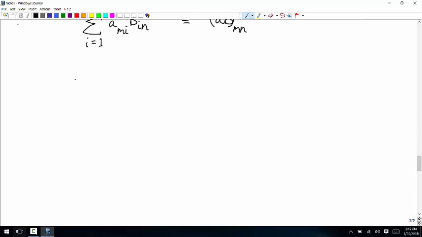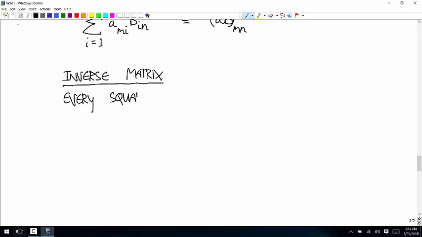So the last thing I want to define is an inverse matrix. Most of your calculators have this function built in, so you don't have to know how to calculate inverses. And if it doesn't, then you should program it in. You don't want to be trying to do it each time. Every square matrix, no, that's not true.